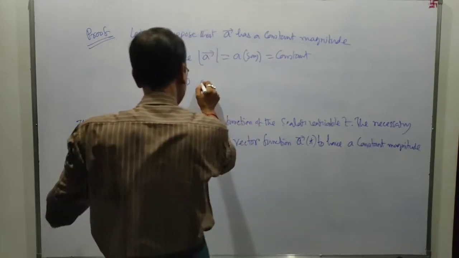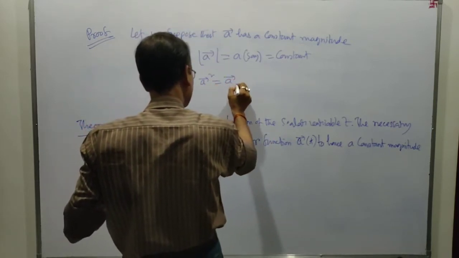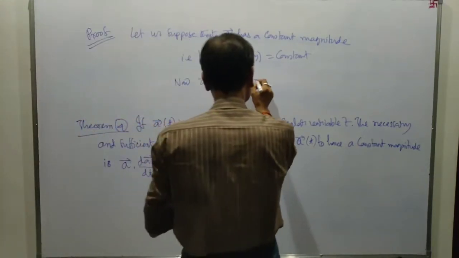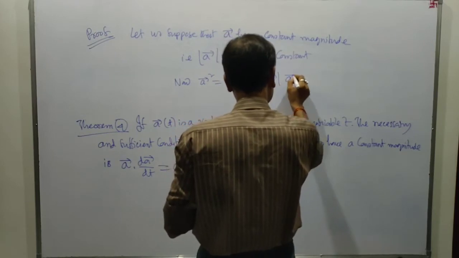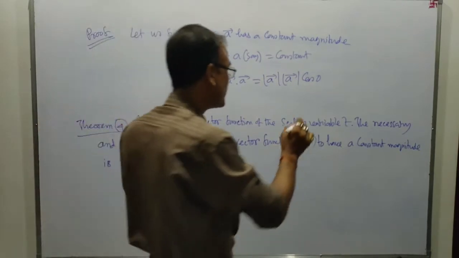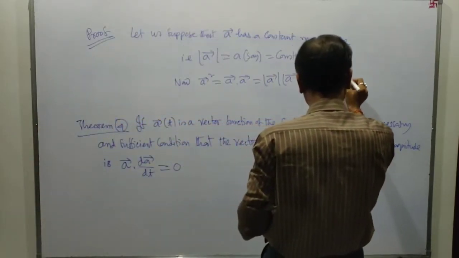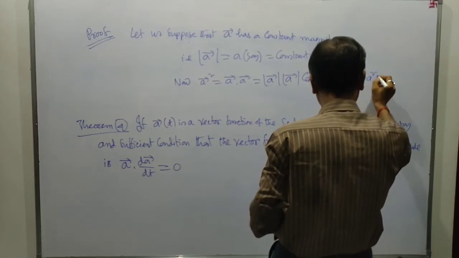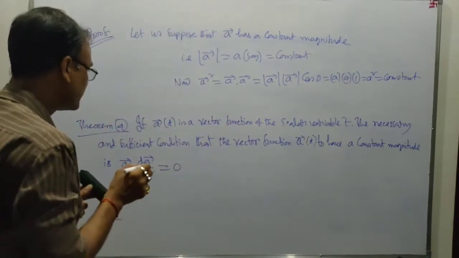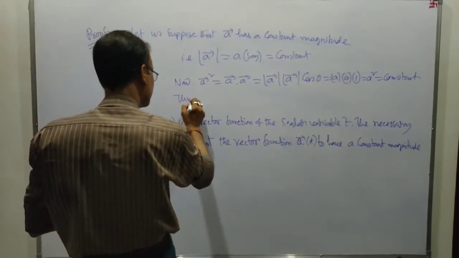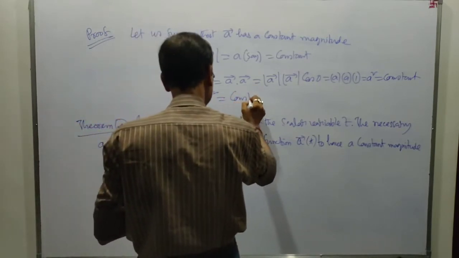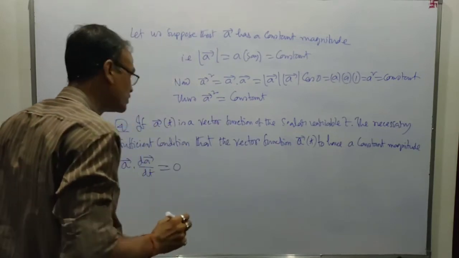Now A vector squared equals A vector dot A vector. This is equal to the magnitude of this vector times cos 0. This is equal to A times A times 1, equal to A squared, equal to a constant. So A vector squared is equal to a constant.